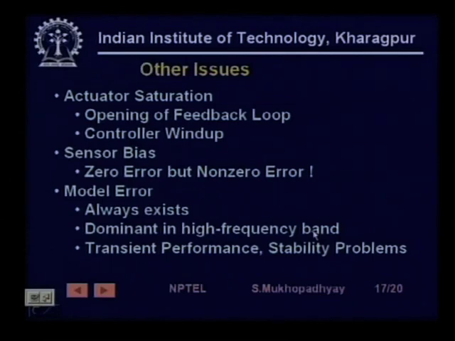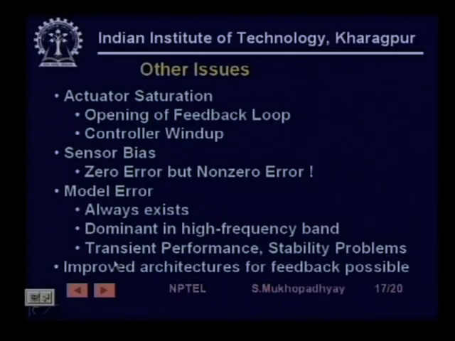Remember that instability typically occurs in the high frequency band, not in the DC or lower frequency band. So, if you have modeling error in the high frequency band, such modeling inaccuracies can also lead to stability problems. We have to remember these things.